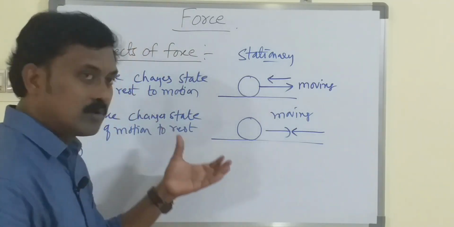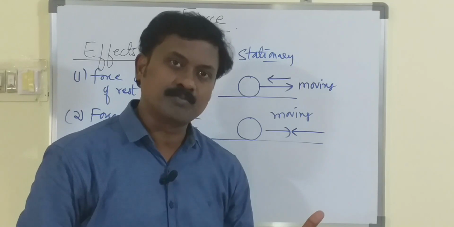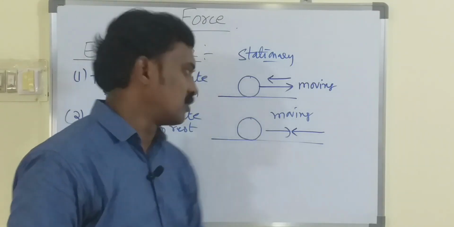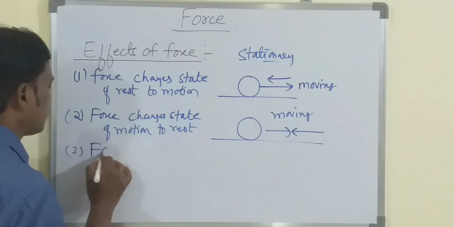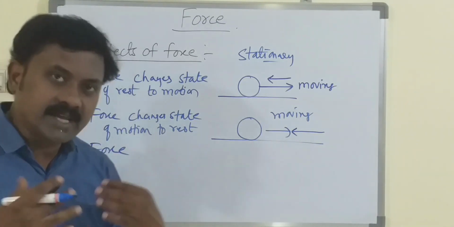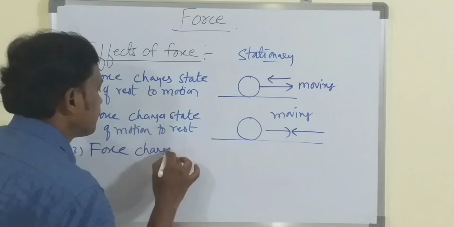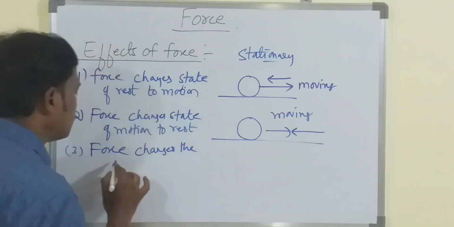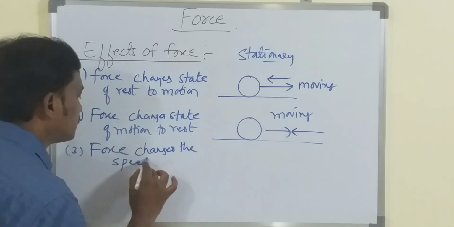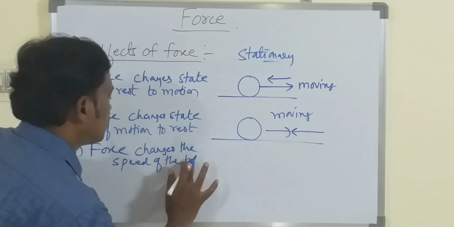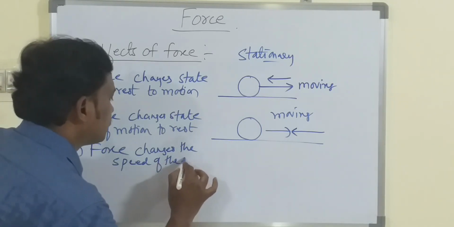So the force can increase the speed of the ball, and it can decrease the speed of the ball also. So we can say that the force changes the speed of the ball, or we can say the speed of the motion.